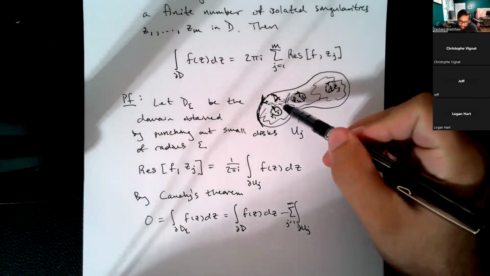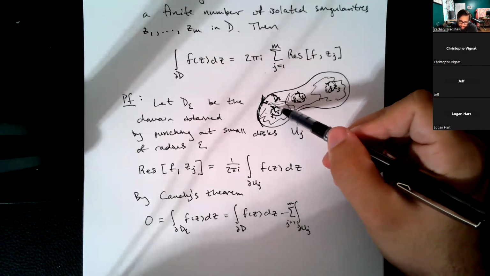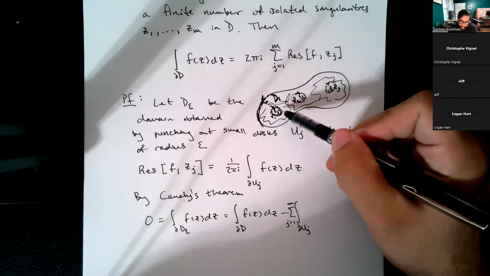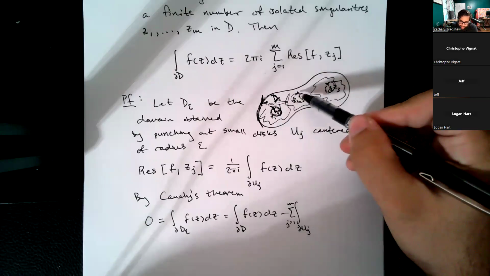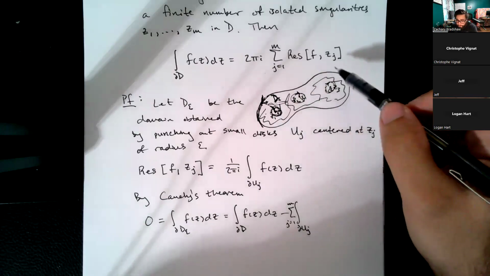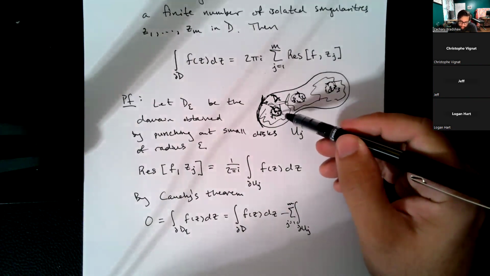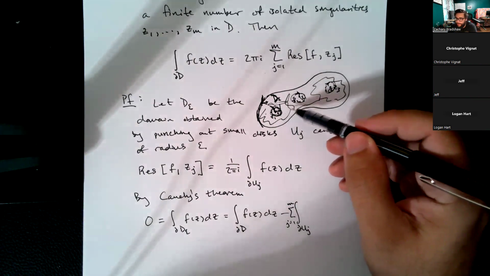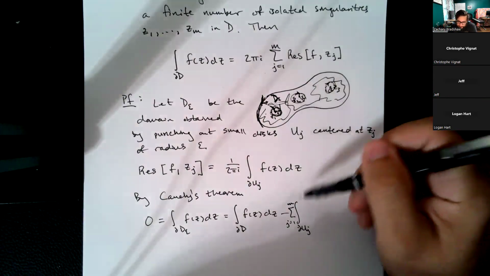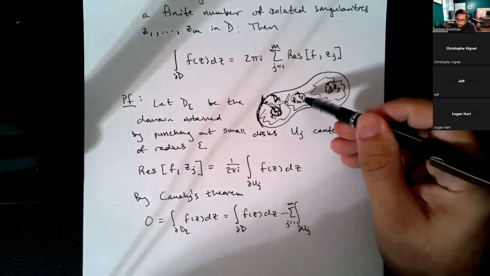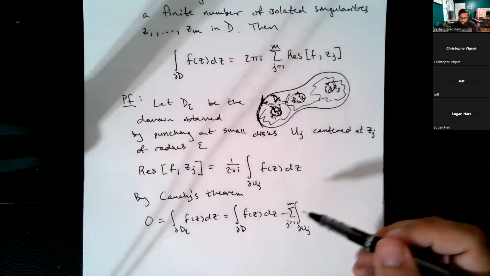Now, if I'm traveling along the edge of this disk, the domain is to the left if I travel in this direction, which explains the arrow for each of these. But when I consider the integral along the boundary of Uj, each of the disks, now suddenly the domain I'm considering is the inside, right? And so now the arrow is pointing in the opposite direction. And so that's why I need this minus sign.